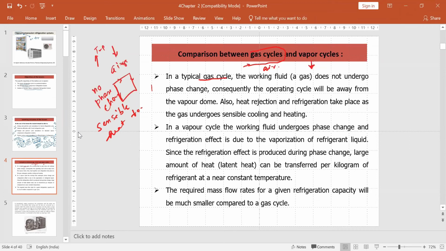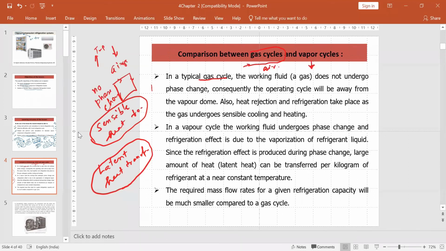As a result, the heat transfer capacity is very small, because for a higher rate of heat transfer there must be latent heat transfer. In sensible heat transfer there is no phase change, but in latent heat transfer the phase changes from liquid to vapour or from vapour to liquid.